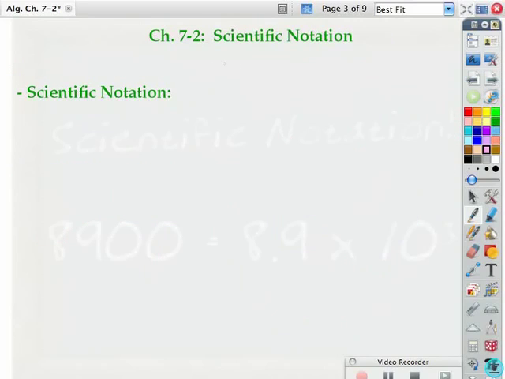Moving forward with these different exponents, negatives and zeros that we've been talking about, we're moving into scientific notation.